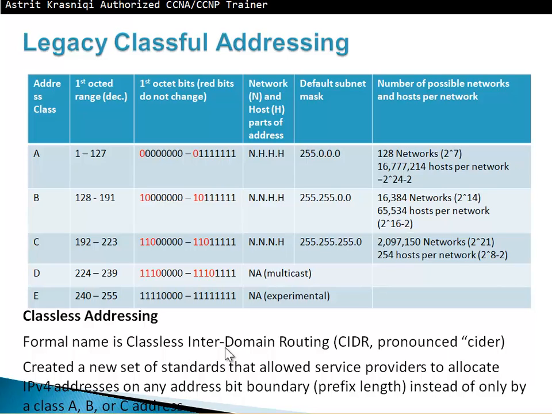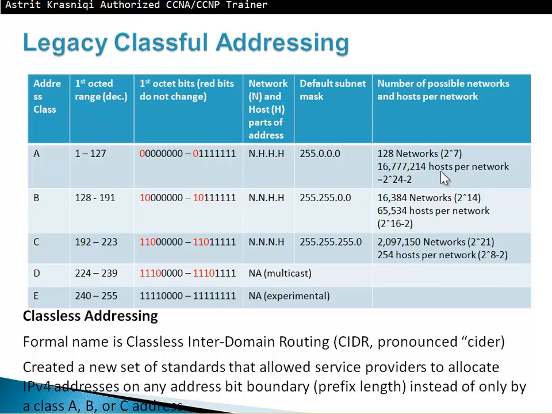Now, A, as you can see here, will give you 16 million hosts per network, 16,777,214 hosts per network, right? That's quite a lot of public IP addresses, and not many companies will need so many. Class A was designed for big major companies.